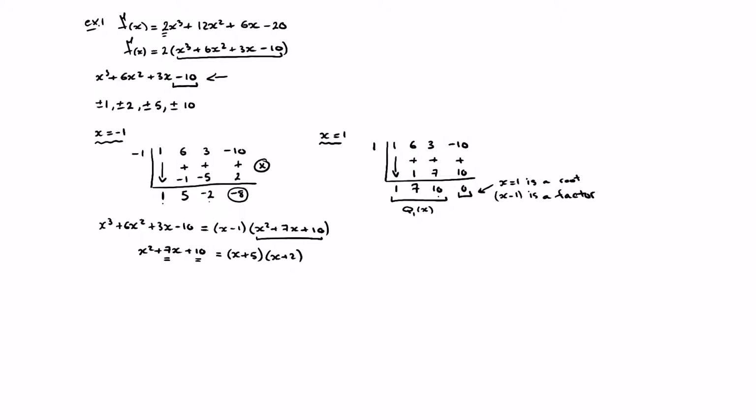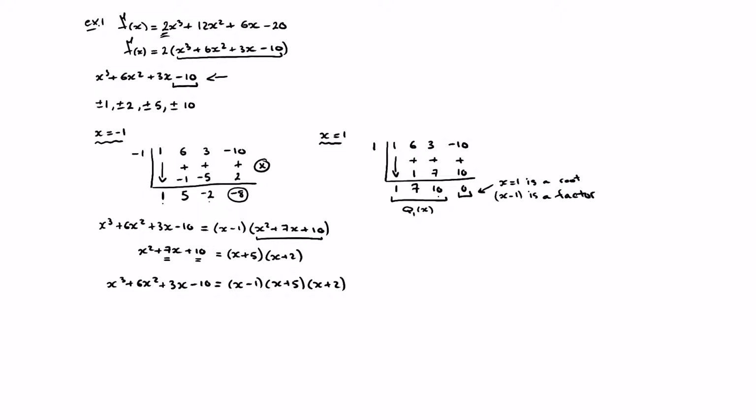So we can go ahead and write x cubed plus 6x squared plus 3x minus 10 equals x minus 1 times x plus 5 times x plus 2. And we're almost done. Remember, at the very beginning we had placed the leading term's coefficient, 2, as a factor.